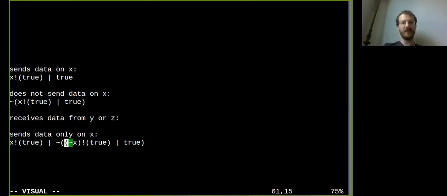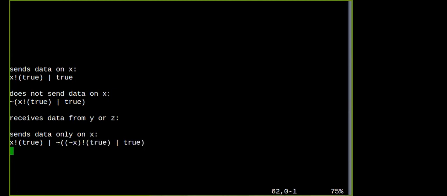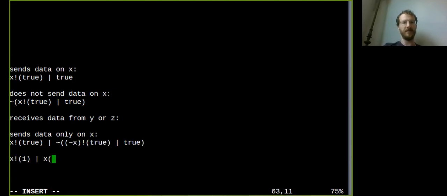So this is the collection of all terms in our language that. Yeah, I don't know, Christian. That's a good question. So the example you're pondering is like if I do X bang 1 par X bang 2, because it's 2 sends on X, that's what we're considering? Yeah. Does that match this formula?